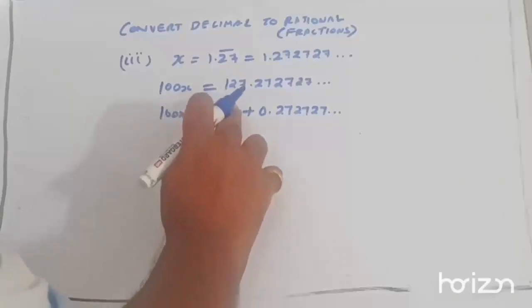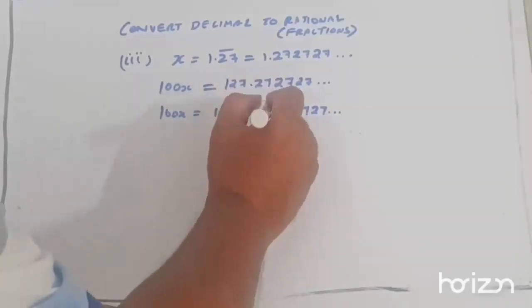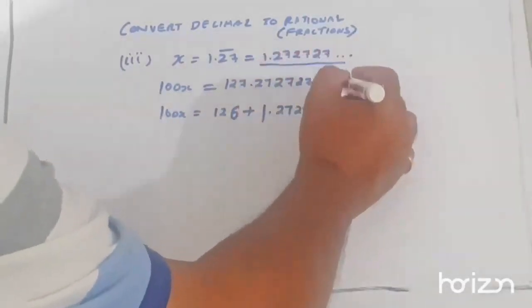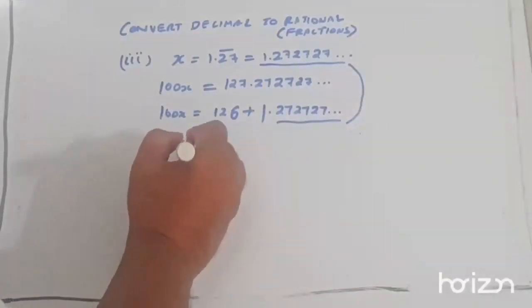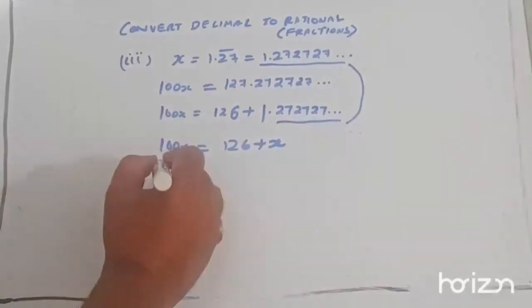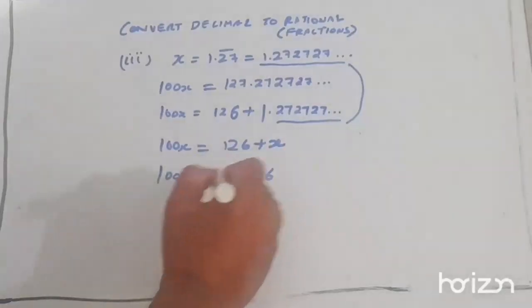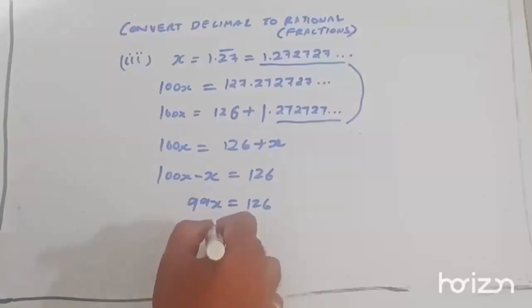So instead of 127 plus something, we write it as 126 plus 1.2727, so that we are able to replace this repeating decimal number by its x value. Now again we get 100x minus x is equal to 126, 99x is equal to 126, and x is equal to 126 by 99.